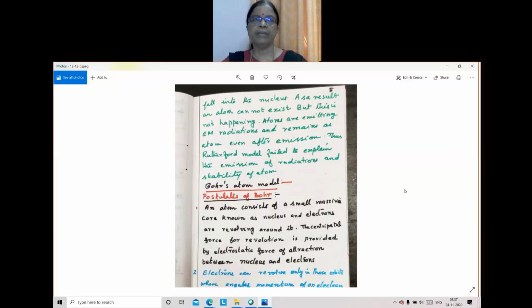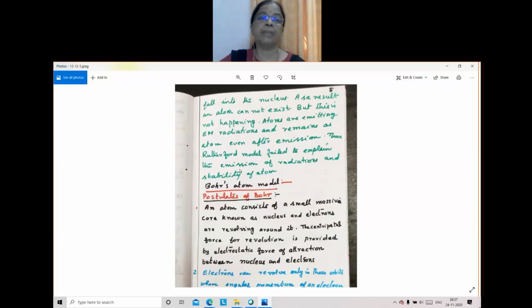When it sends EM waves, its energy is lost. So it will come to a smaller radius. Again, it's an accelerated motion. So it sends radiation again. Then the radius decreases. At last, it falls into the nucleus. That is not happening. So that theory is wrong.